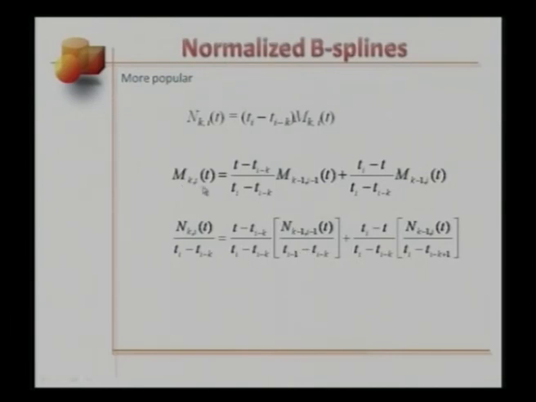So m_ki(t) is n_ki(t) over t_i minus t_(i-k). We use this relation here. How about m_(k-1),(i-1)?